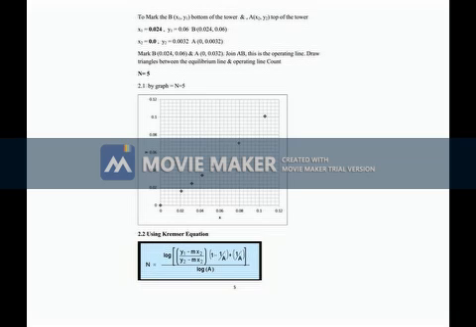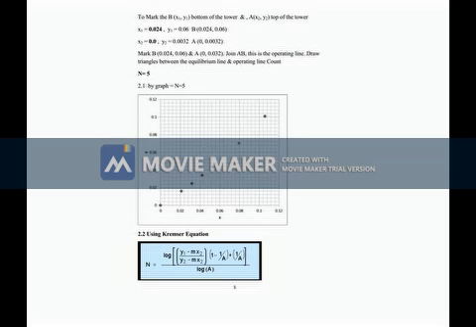So first we have to convert it into seconds. 1000 divided by 3600 is equal to 0.278 kg per second, and for the liquid flow rate, 1500 divided by 3600 is equal to 0.412 kg per second.